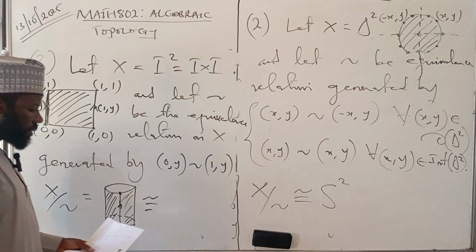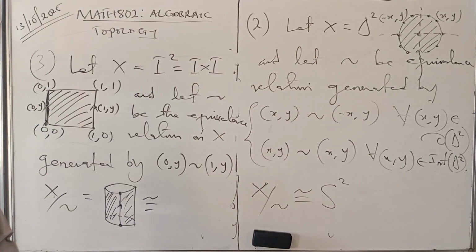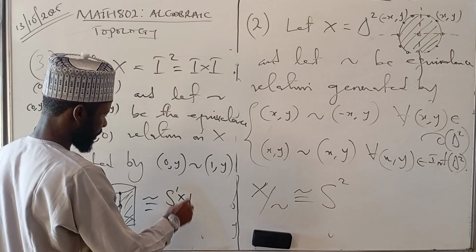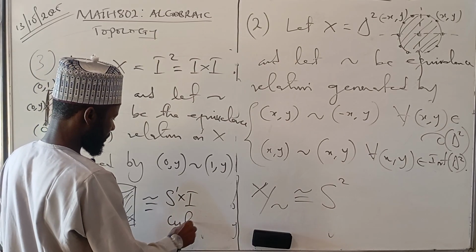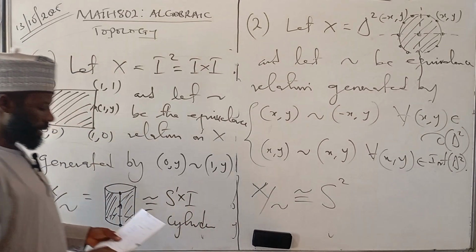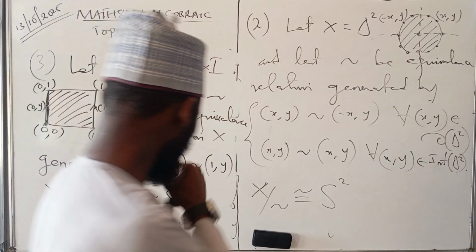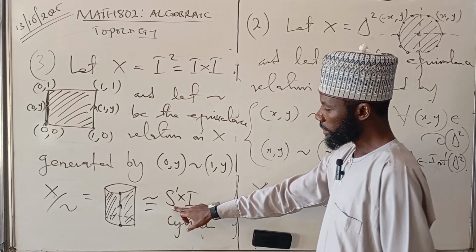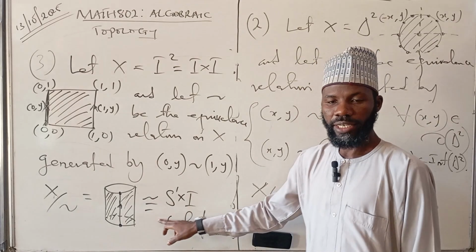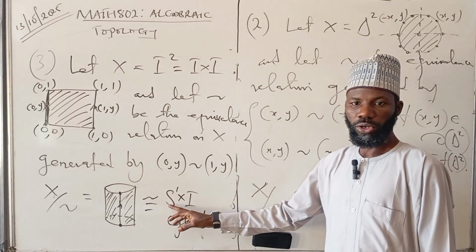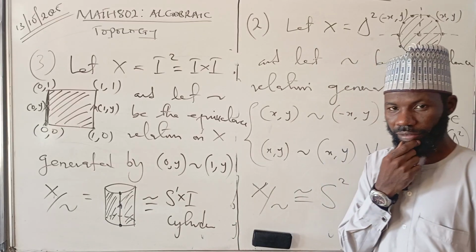To the sphere. Remember how we constructed a cylinder. This is the cylinder, S¹ cross I. That is the Cartesian product of the cycle with the interval.